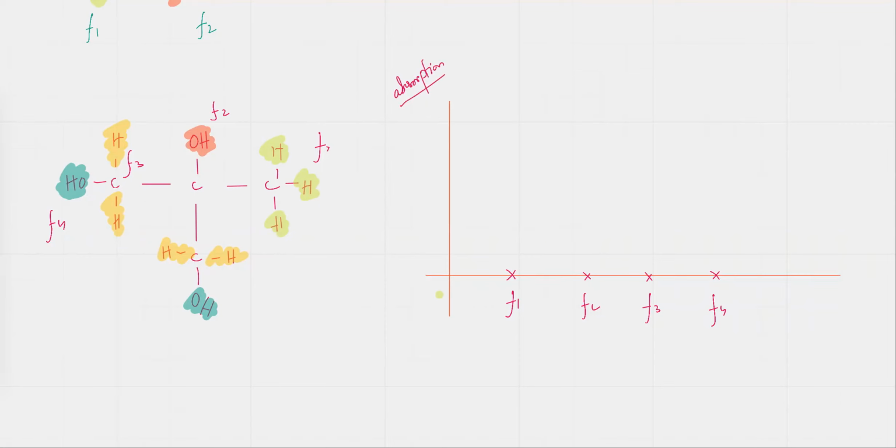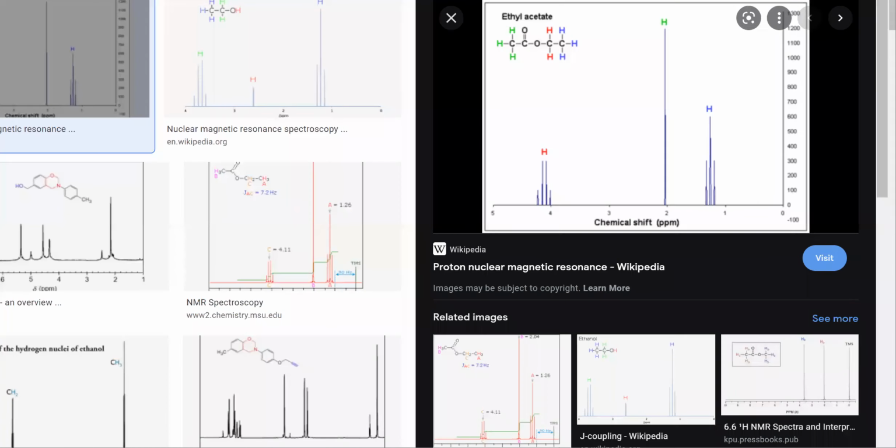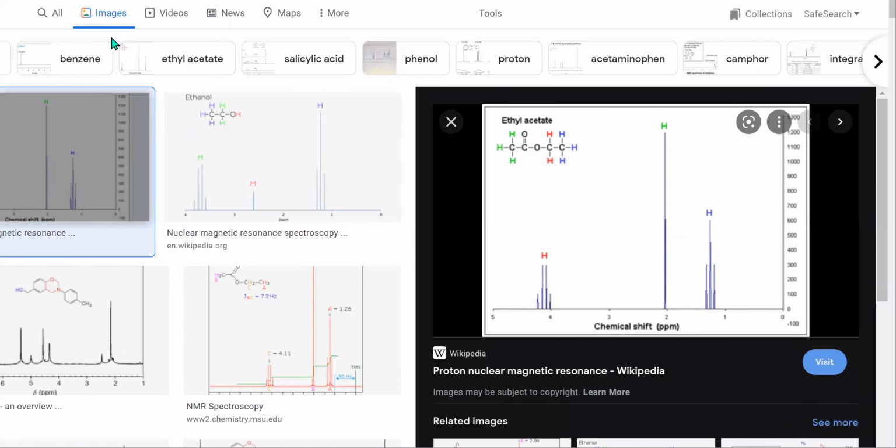You don't have to worry about the y-axis.